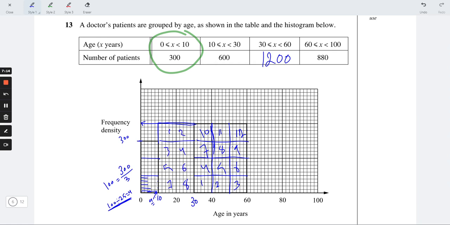So it's 800. So we don't need to have these 2 extra squares here. We don't need them. So it will be from here.